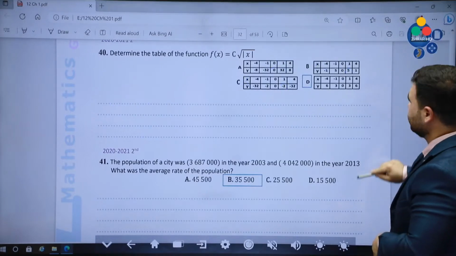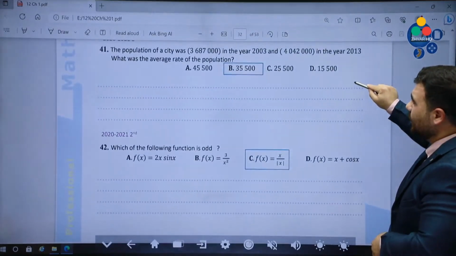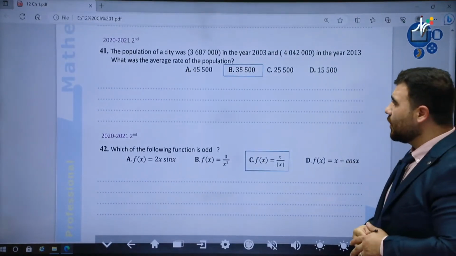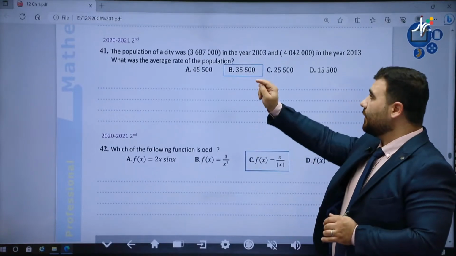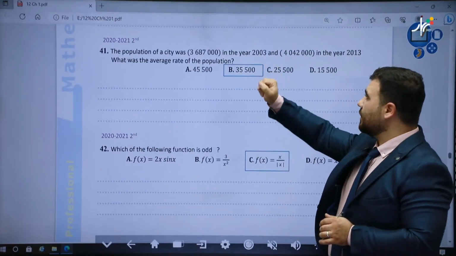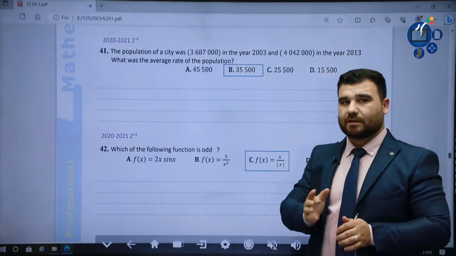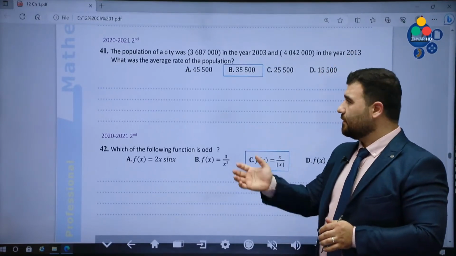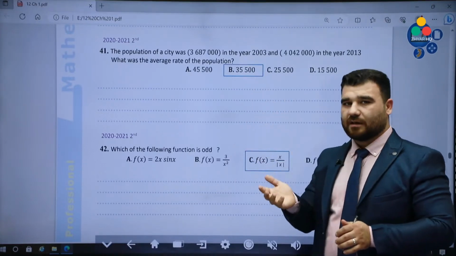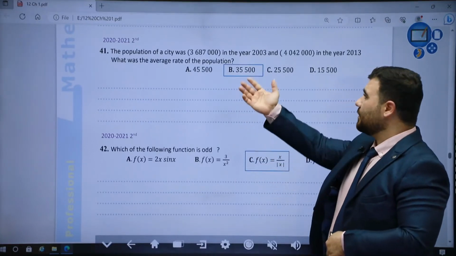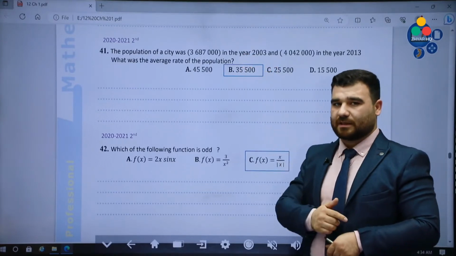Question 41. When you see questions like this, always make the time x. These 2003 and 2013 are the x values. Always, if it's about time and height, the time is x. If it's about time and population, the time is x.